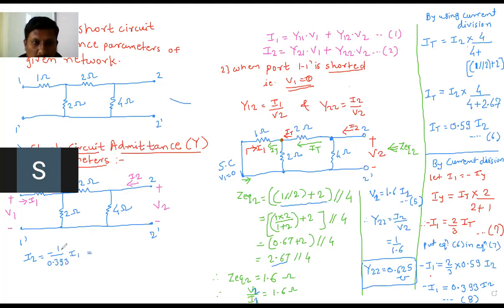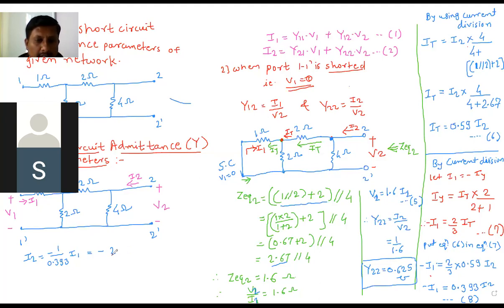So किती येते, minus 1 upon this, हे किती येते सांग मला, किती येते ते, minus 1 upon 0.393, 2.544.